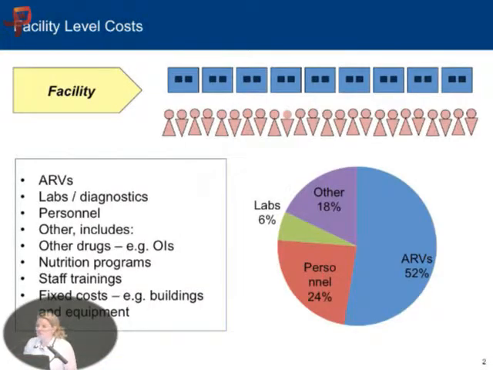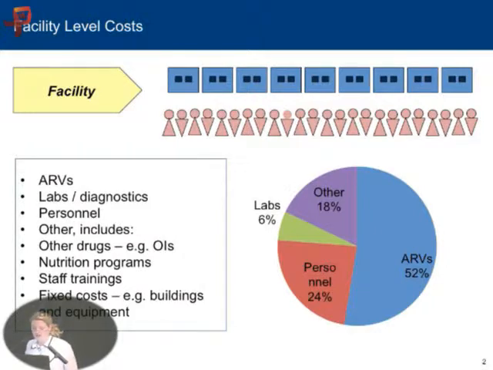As I mentioned, given the limited amount of time we have here, I just wanted to focus a little bit on some facility-level costs and some data that has come out of some recent research CHAI did in 5 different countries in sub-Saharan Africa, where the focus was to really understand what the main drivers of cost are at the facility level specifically.